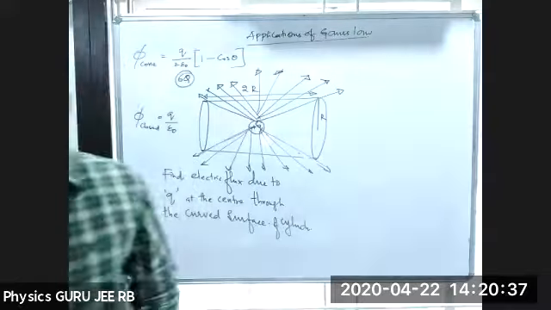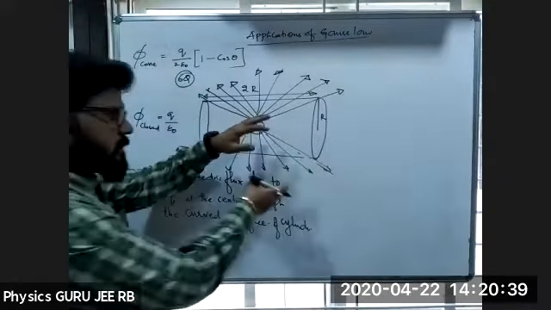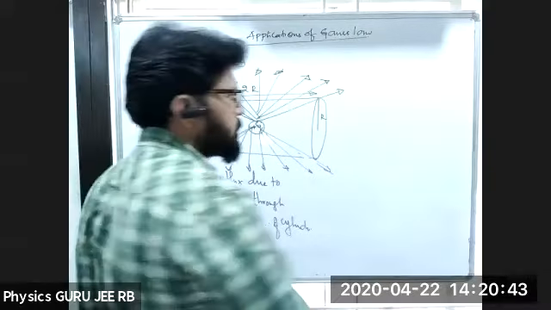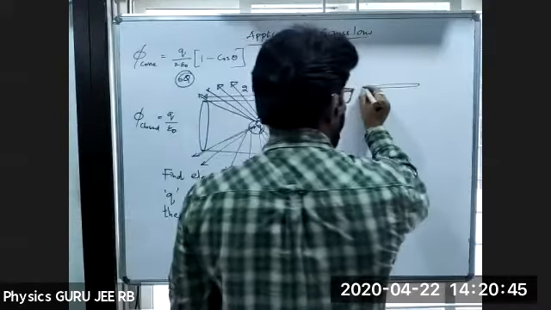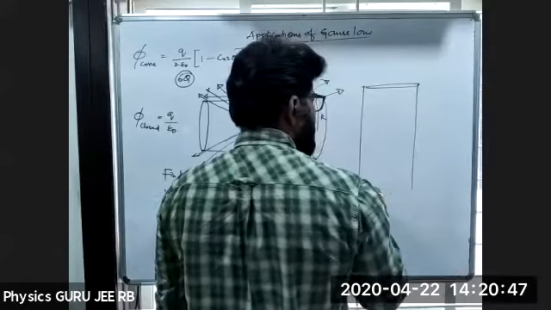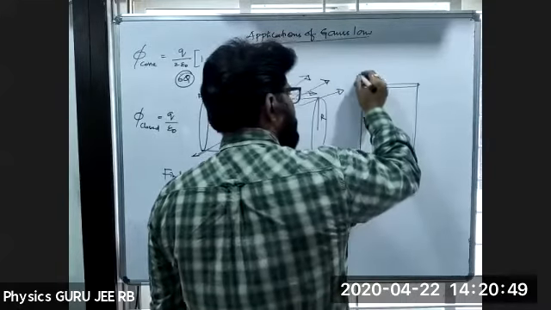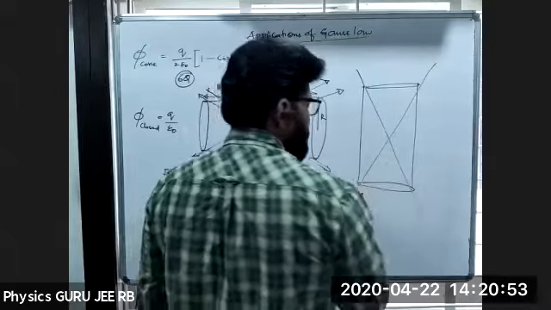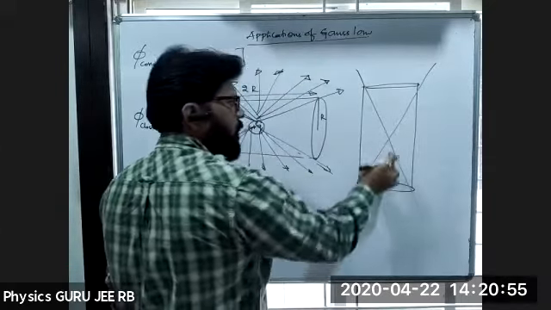Yes or no? 2 cones are there. Just turn this one straight, and see what happens. It will become like this now. Are you able to see 2 cones here? 1 and 2.